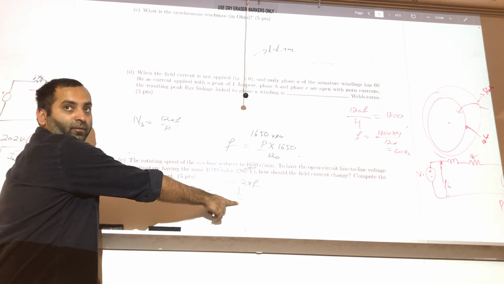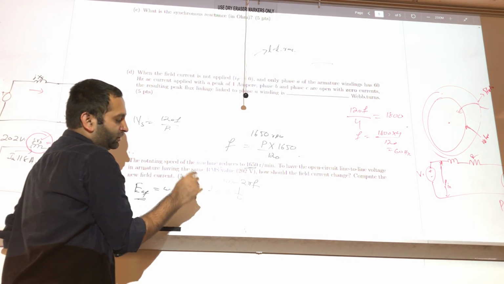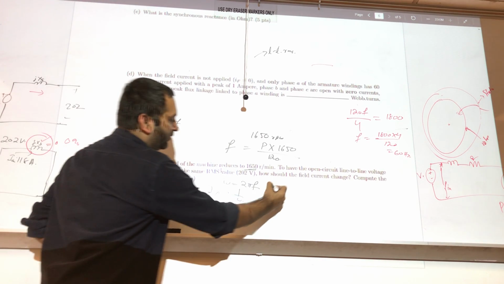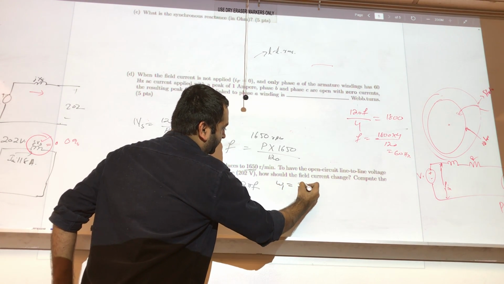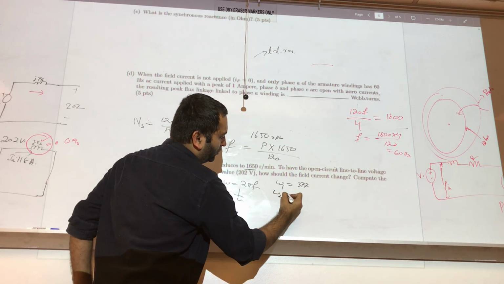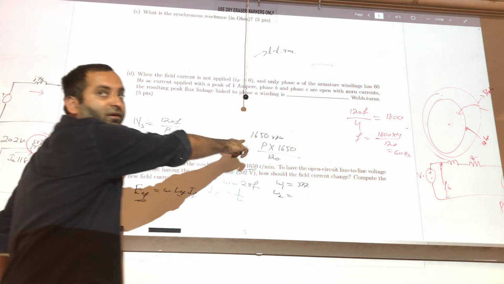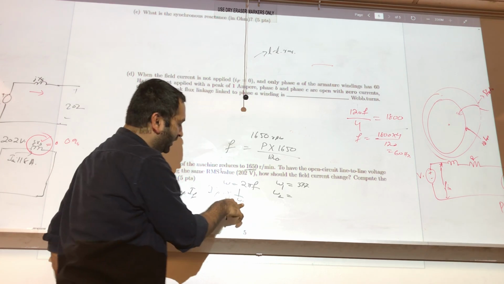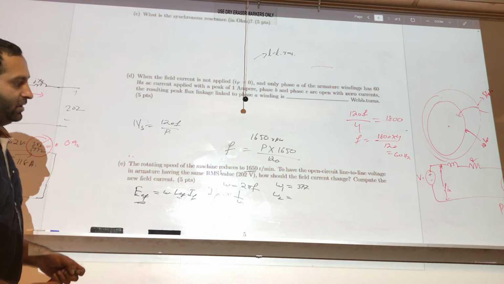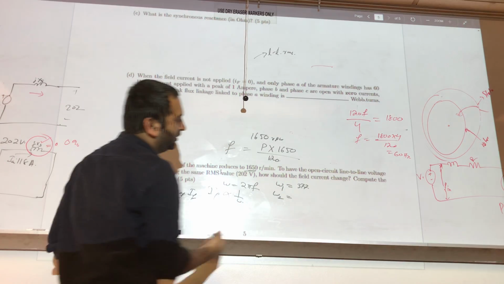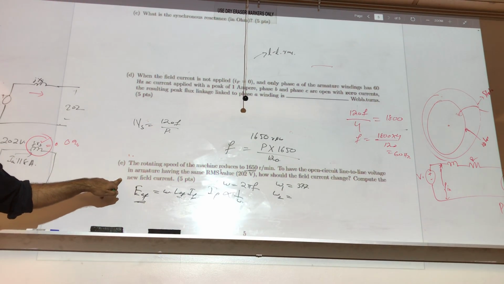So before, omega was more, so suppose omega 1 was 377, then omega 2 is reduced because the speed is reduced. So if omega is reduced, I_F will increase. So that's the answer.